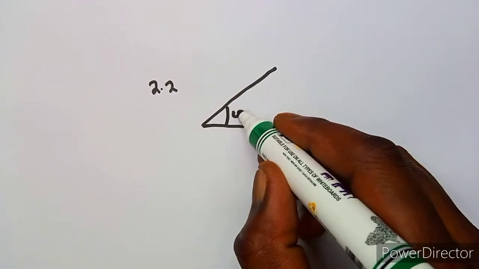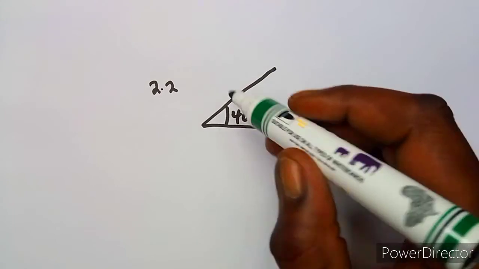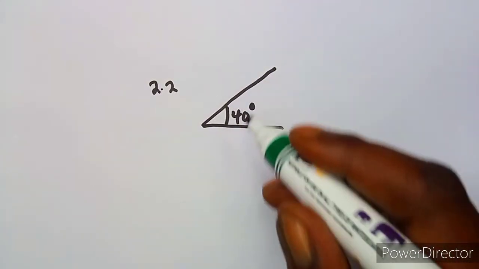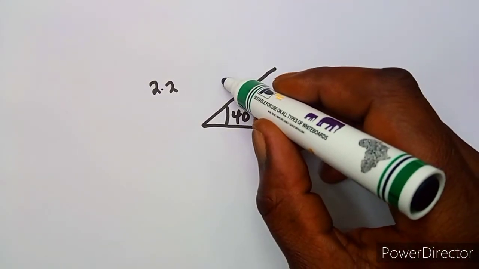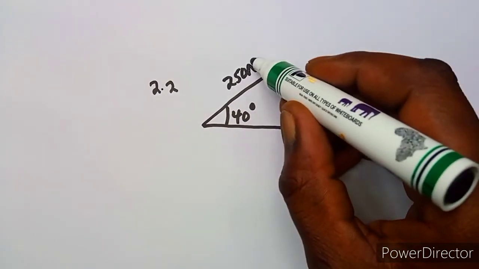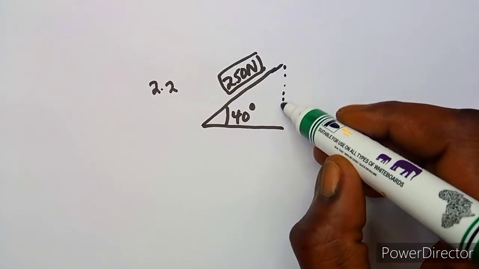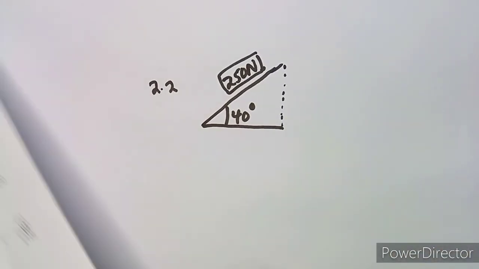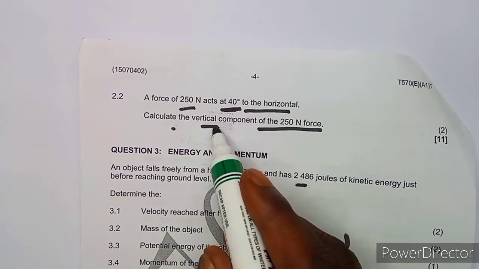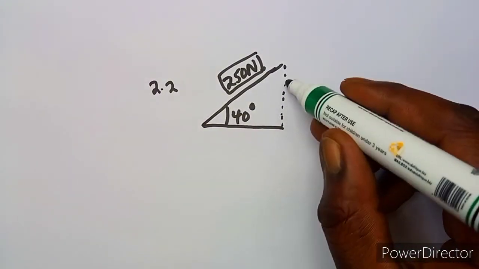So this is actually something like this, 40 degrees, and we are actually given a force here which is 250 newtons, something like that. Okay, so we know that when you are given something like this, and we are asked to calculate the vertical component, this is the vertical component here.